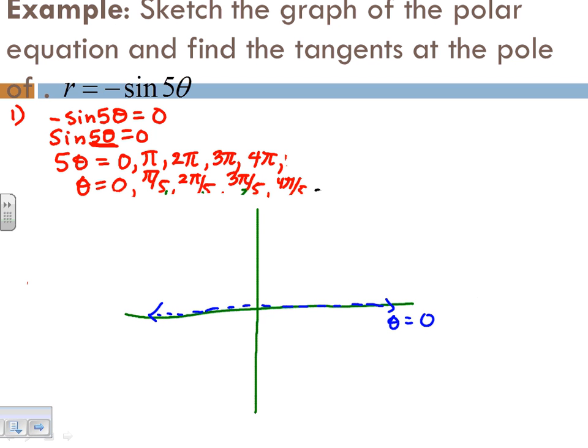Well, there's pi over 4, so pi over 5 would be below it. Two pi over 5. Well, 2 pi over 5 is still below pi over 2, right?